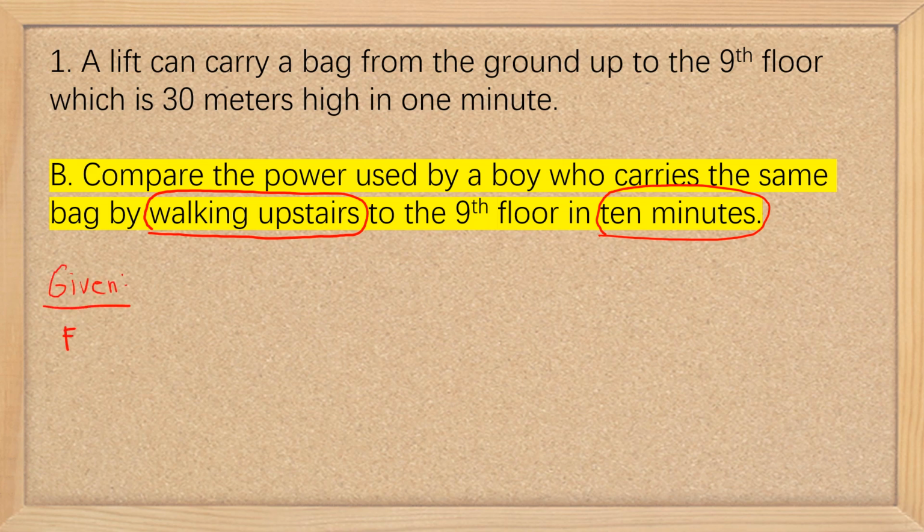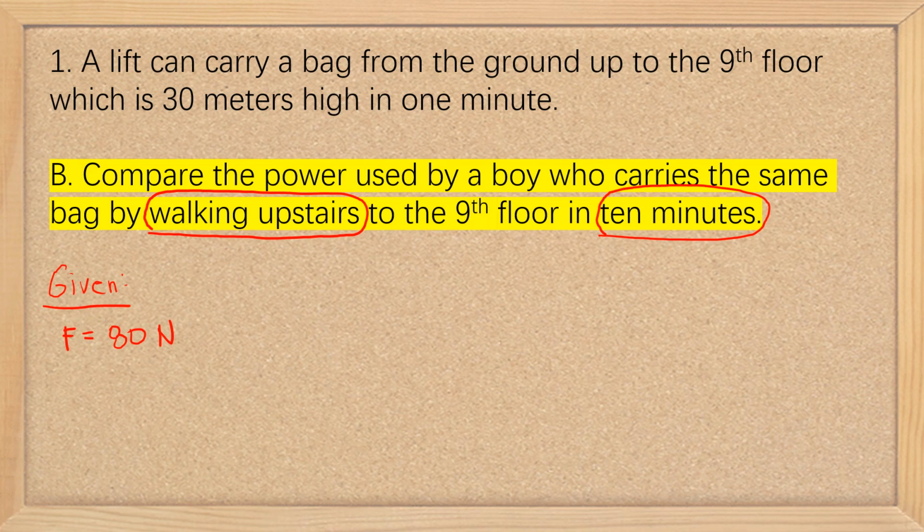So the force applied in the previous problem, your problem A, the identified force was 80 newtons, right? And also, since we are still carrying the same bag, 8 kilograms going to the 9th floor, which is 30 meters, work is equal to force times distance.